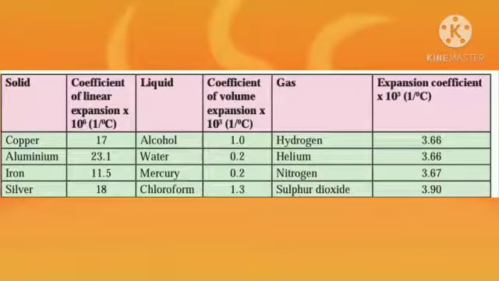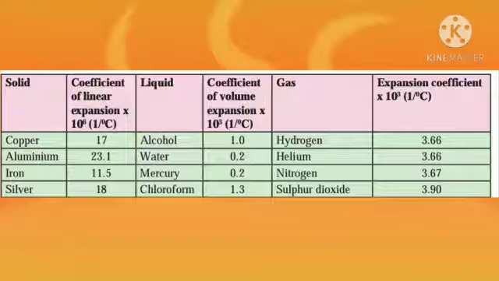The expansion coefficients of some substances are given in this table. Here are given solids, liquids and gases and their coefficients of expansion. First, solids: copper 17, aluminium 23.1, iron 11.5, silver 18.